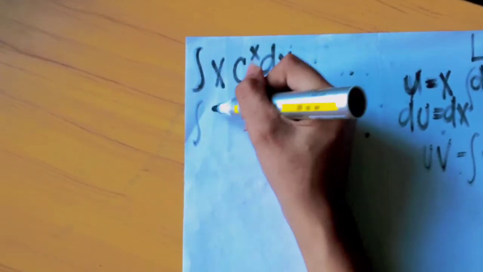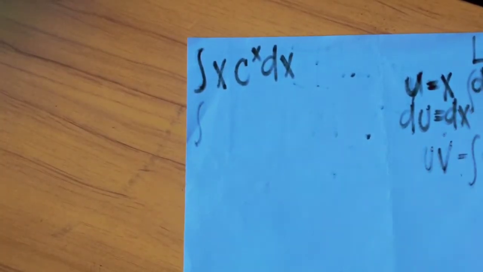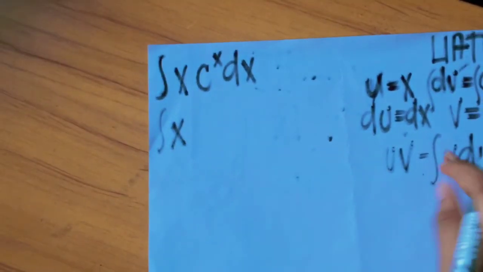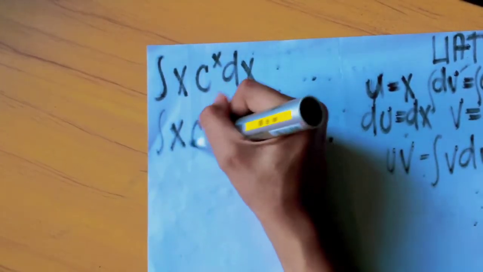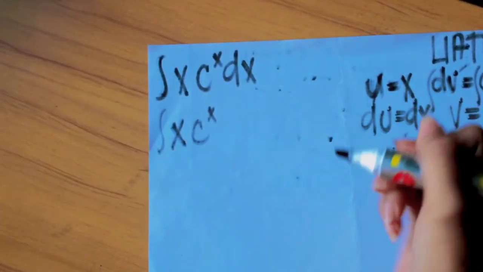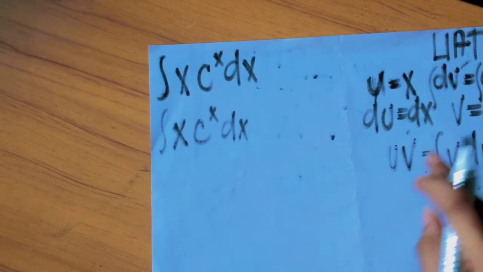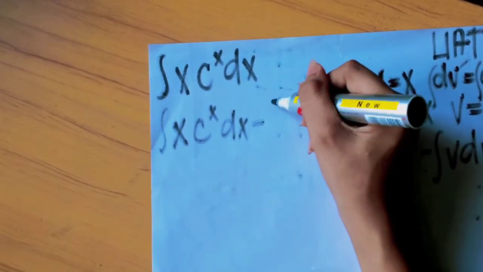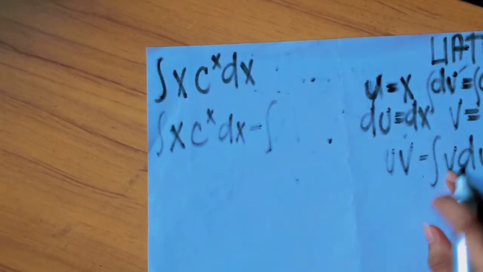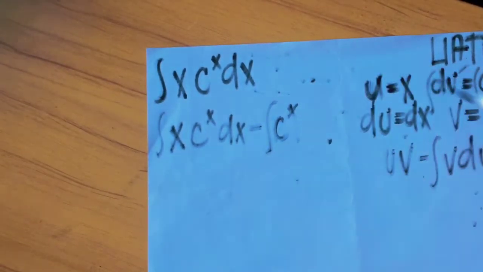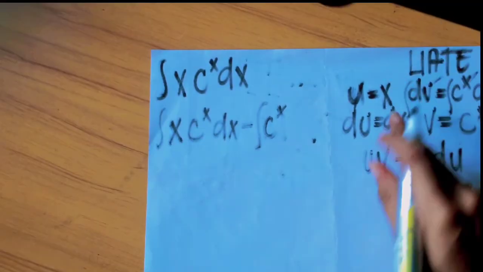So, the integration of u, which is x, then v is e to the x, then huwag natin kalimutan yung dx, then minus the integration of v, e raised to x, then du, dx.